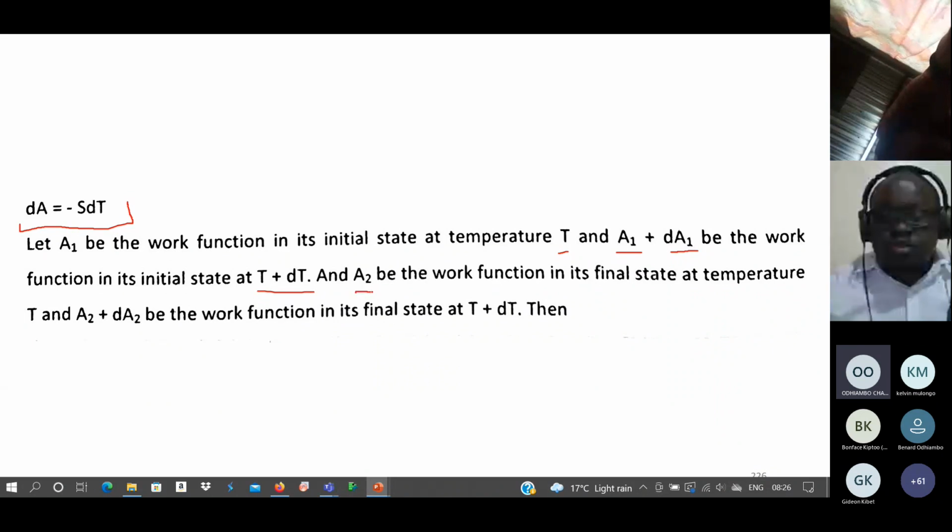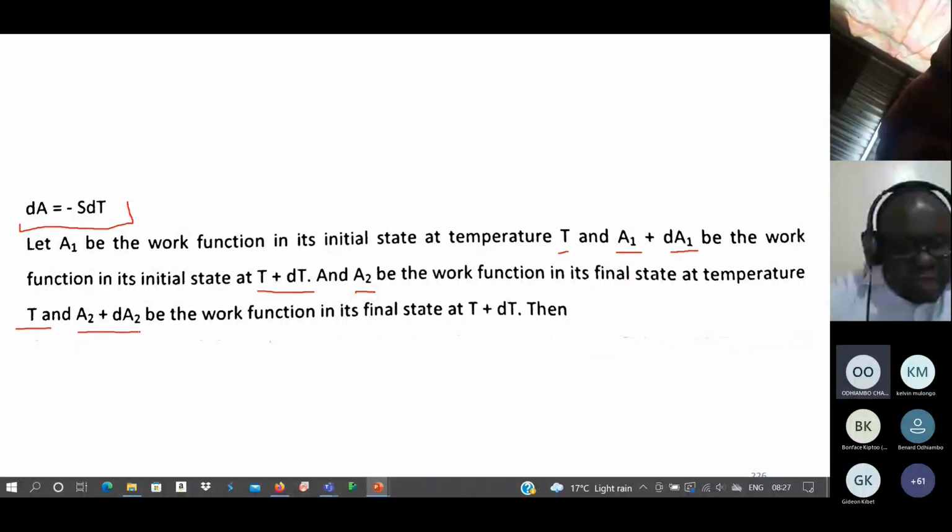Then let A2 be the work function in the final state at temperature T, and A2 plus dA2 the work function in the final state at T plus dT.